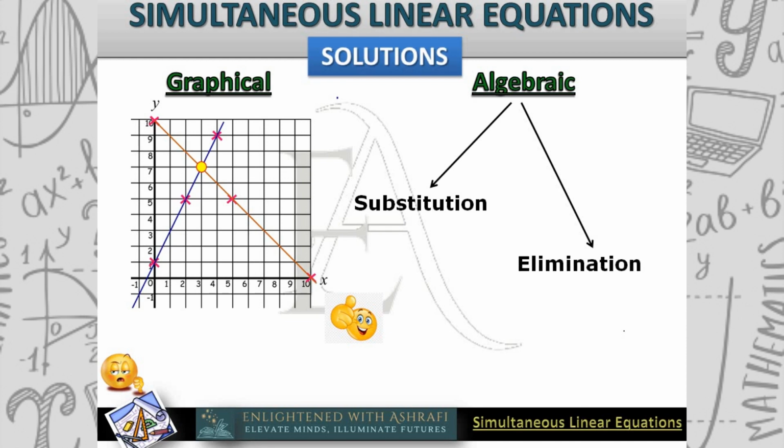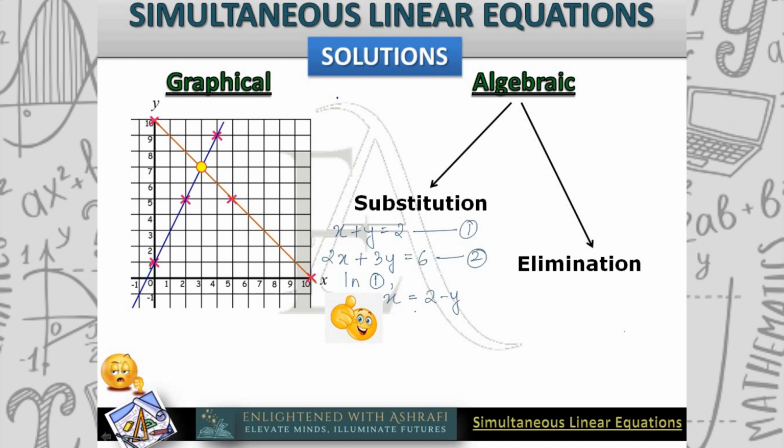In the substitution method, what happens? For example, I have x plus y equals 2, equation 1, and 2x plus 3y equals 6, the second equation. Now what I do is in equation 1, I make x the subject, so I get x equals 2 minus y.